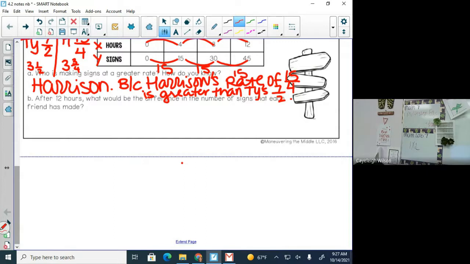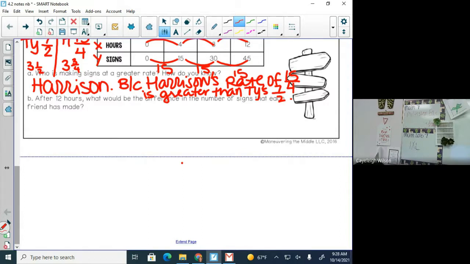When you all take iLearn, they aren't going to want you to say Harrison because it's bigger, because it's greater. Like, they're not going to want something short and simple. They're going to want an explanation where you really say, okay, because Harrison's is this and Ty's was this and Harrison's is greater than Ty's. And they want something more elaborate. All right?